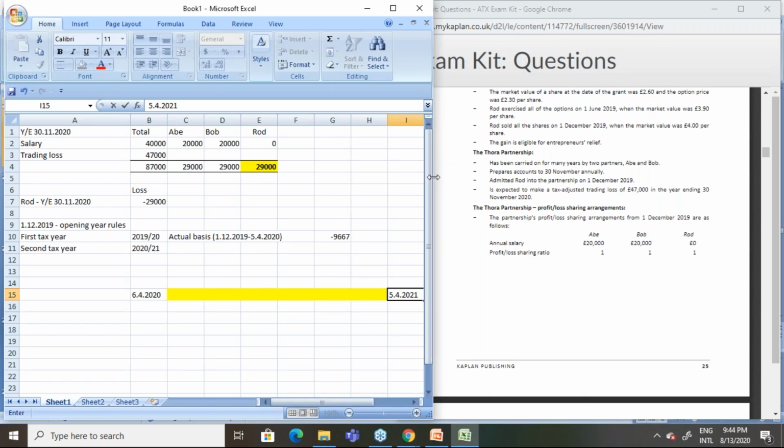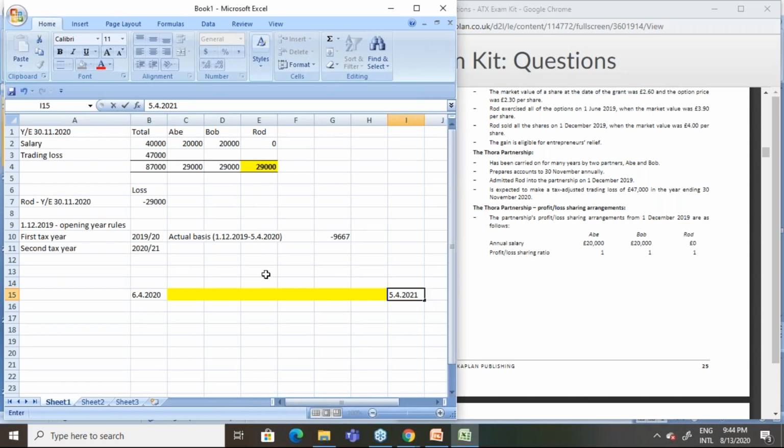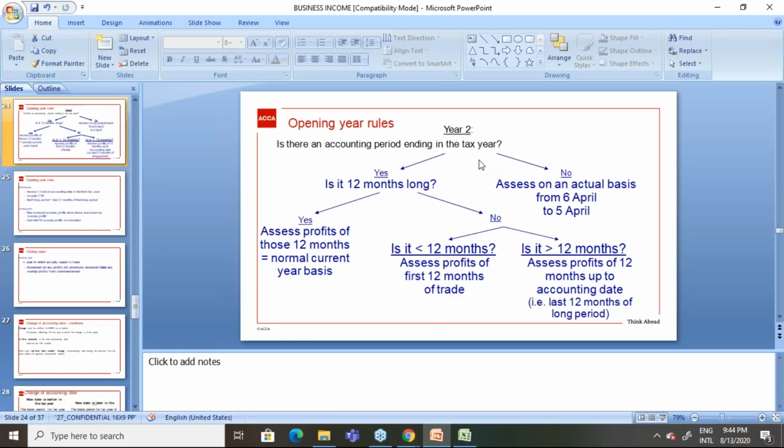Now your accounting period ends on 30th November 2020, year ended 30th November 2020. So your period of account ending date falls into the 2020-21 tax year. So the answer to this question, whether there is a period of account ending in the tax year, is yes.